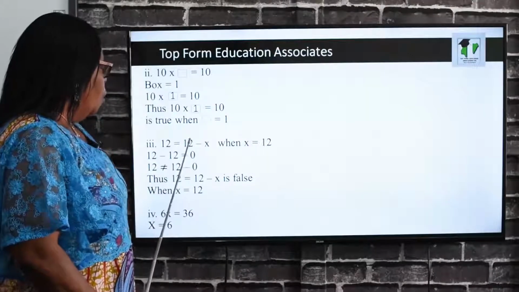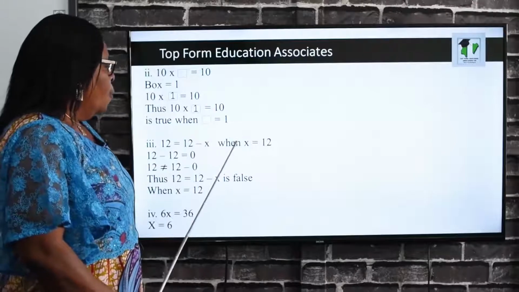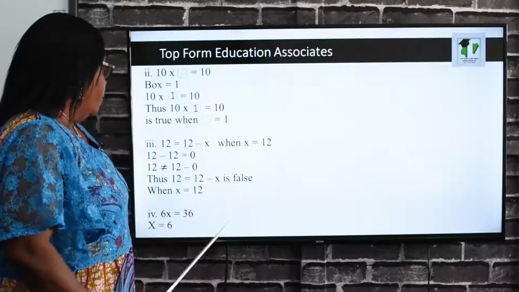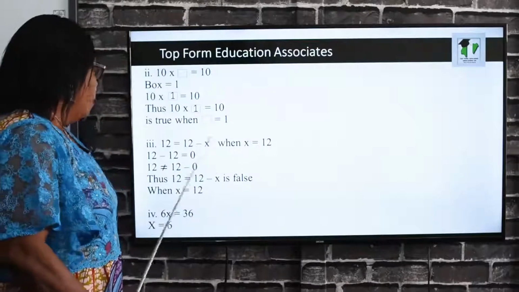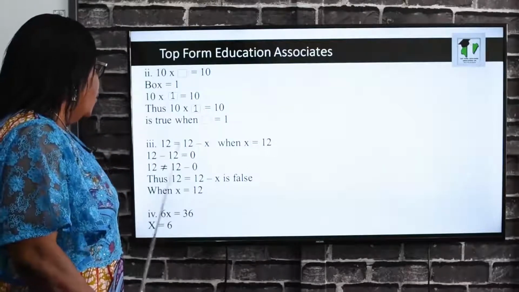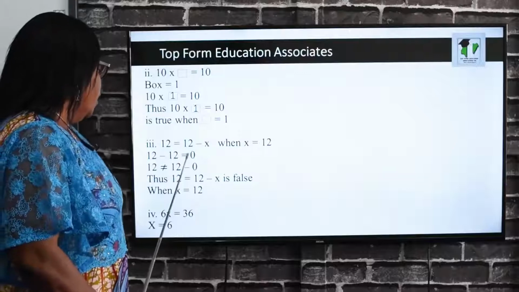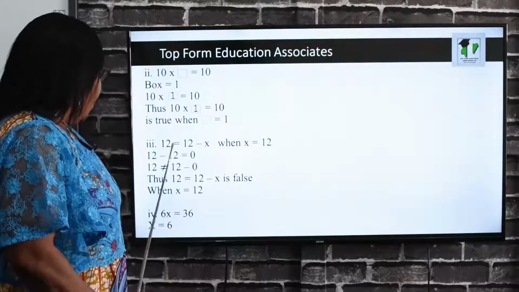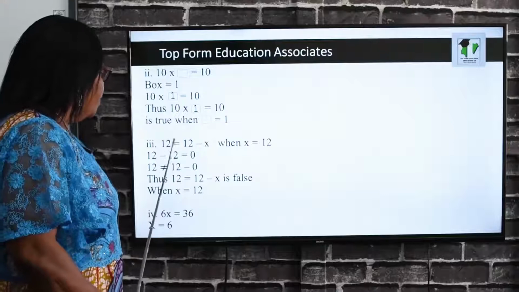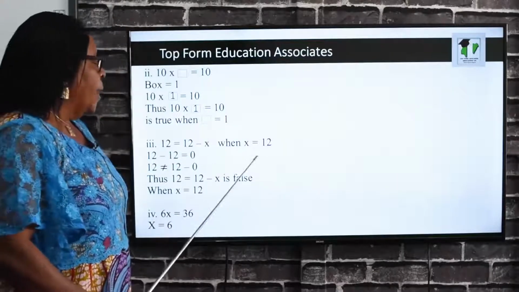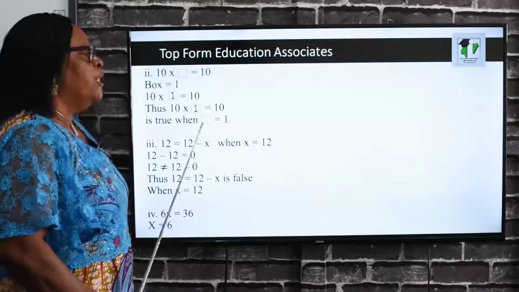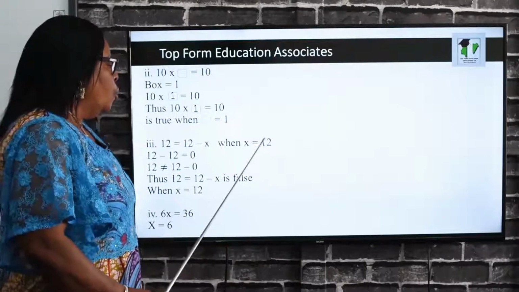12 = 12 - x when x = 12. What it means is when we see x, we put 12. So 12 - x, which is now 12 - 12, gives us 0. However, we have been told that 12 is equal to 12 - x, and we are asked to find if this statement is true if x is equal to 12.